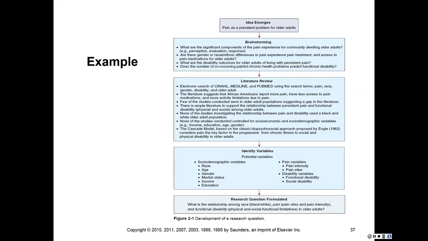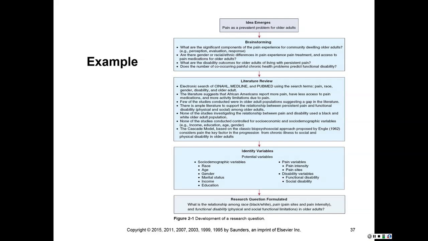For example, their perception, their evaluation, their response. Are there gender or racial, ethnic differences in pain experienced in pain treatment and access to pain medications for older adults? What are the disability outcomes for older adults with persistent pain? Does the number of co-occurring painful chronic health problems predict functional disability? So they came up with some important questions there.